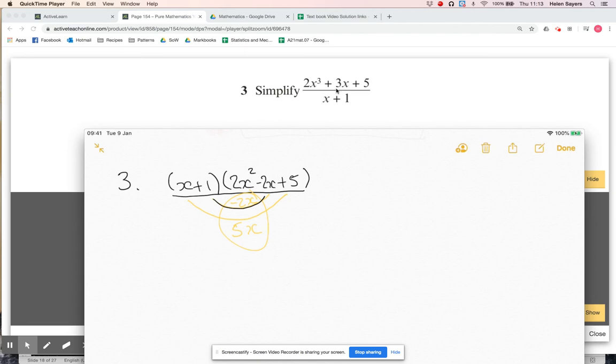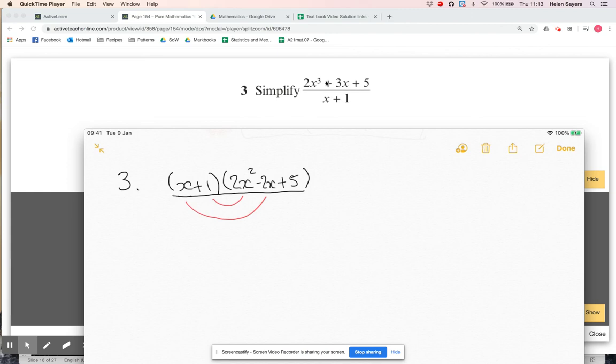Okay, so what we can then do is check if that works with the x squared. If they haven't written an x squared term there, it's because it was 0x squared. So again, if I think about expanding these brackets out, my x squared term is going to come from 1 times 2x squared and x times minus 2x.